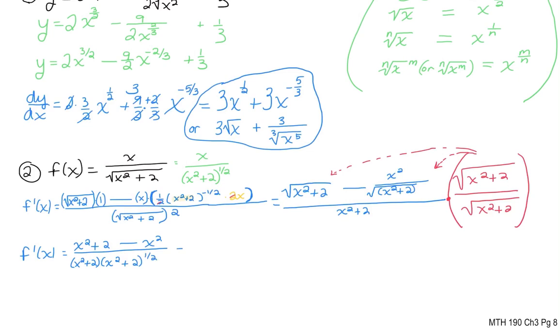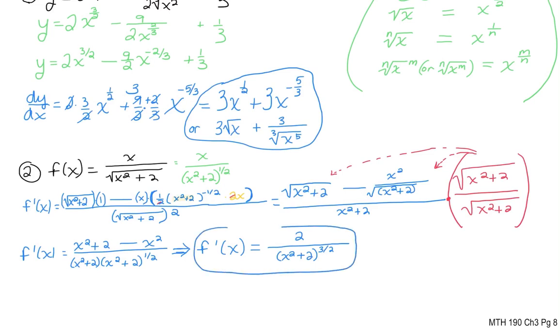But if you think of the square root of x squared plus 2 as really just being a 1/2 power, you could also rewrite that, multiplying with the same base, adding your exponents. So it would be to the 1 1/2 or the 3/2 power. You would never write 1 1/2. And the numerator is now just simplified to 2. So this would be a nice simplified form of that derivative.